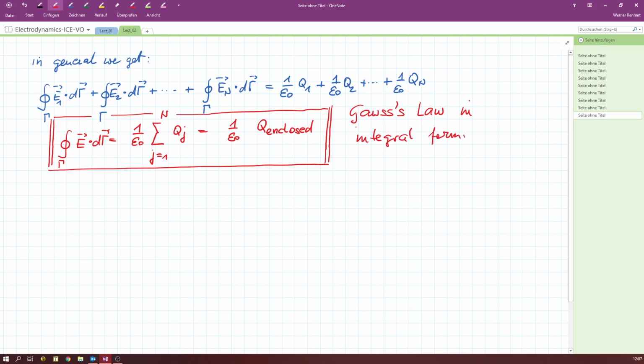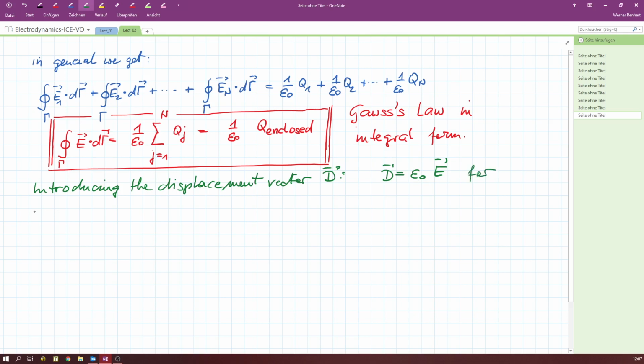Now, by introducing the displacement vector D to be epsilon 0 times E for free space, it follows that the closed integral of D dot d gamma over the closed surface gamma equals Q enclosed, which is a relation you already know from the basic lecture.